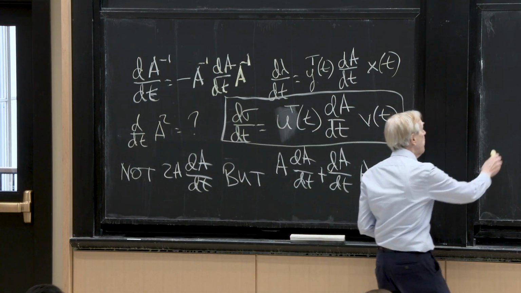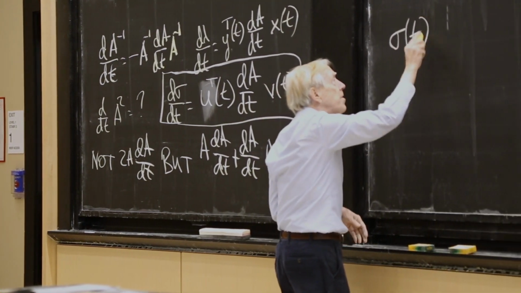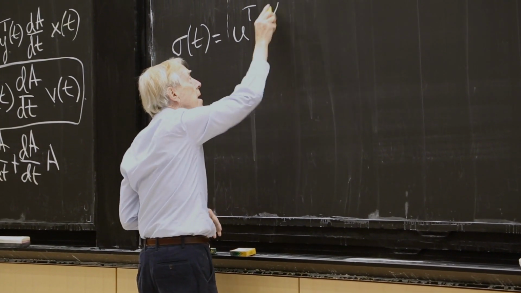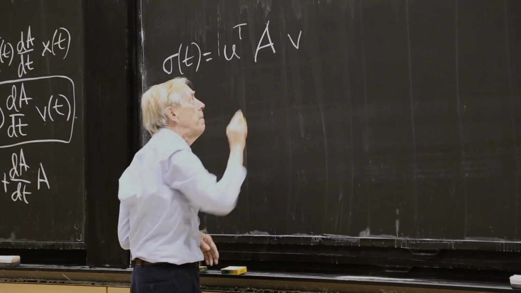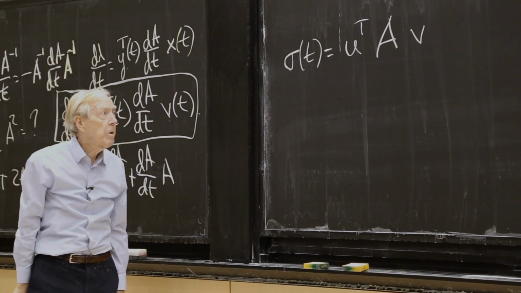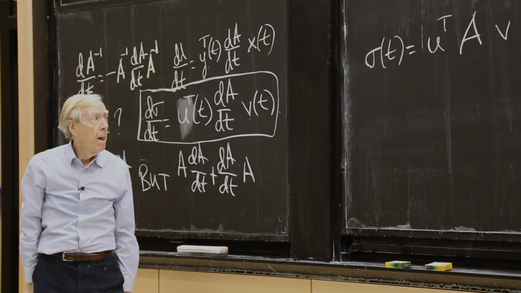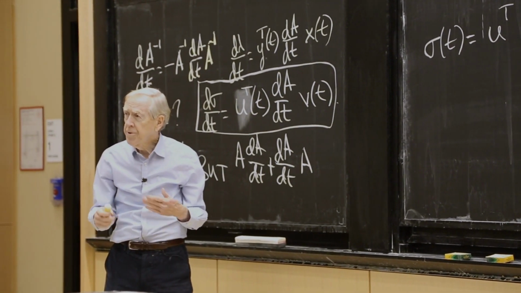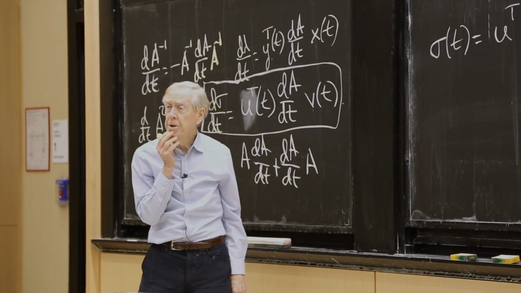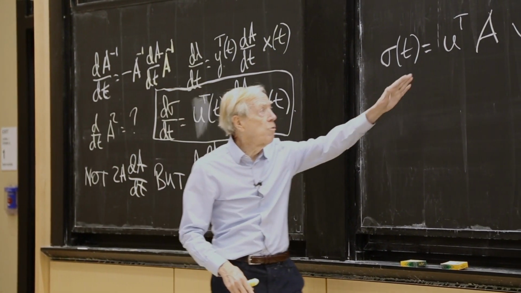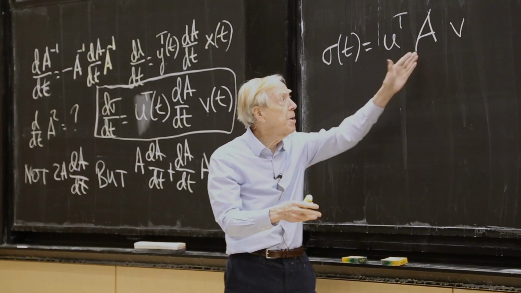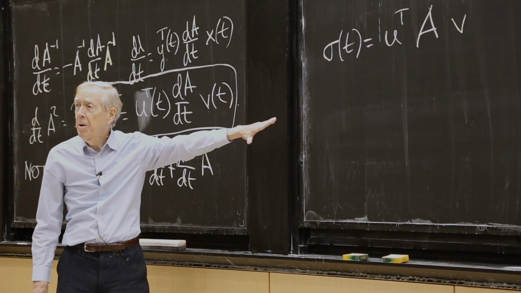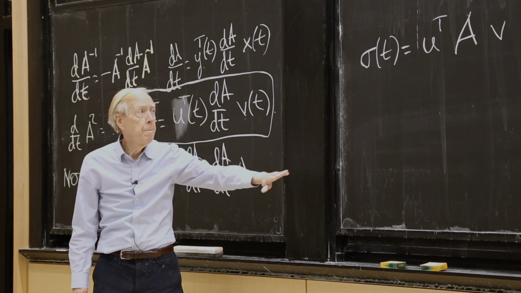I start with a formula for sigma. So I believe that sigma is U transpose times A times V. Everybody agree with that? Everything's depending on t in this formula. As time changes, everything changes. But I didn't write in the parentheses t three more times. Can we just remember about the SVD?